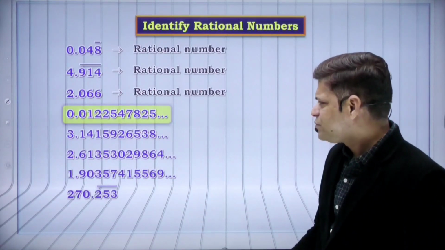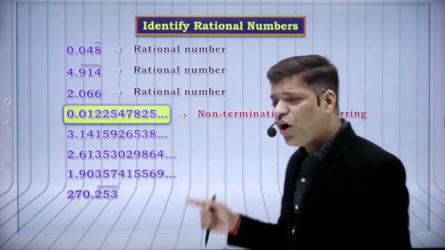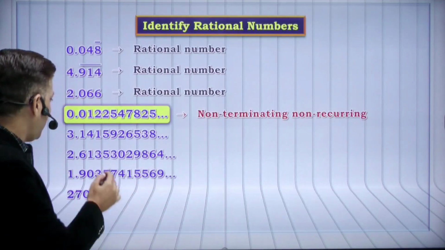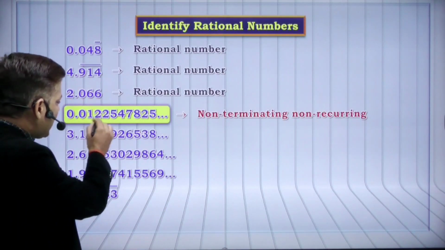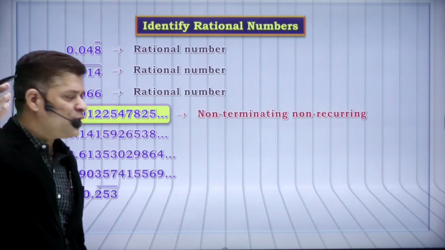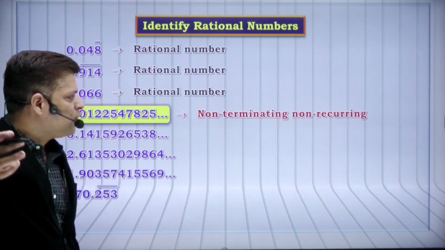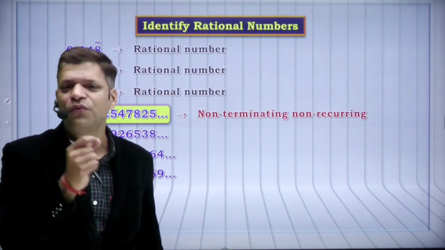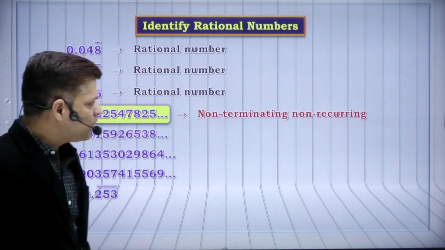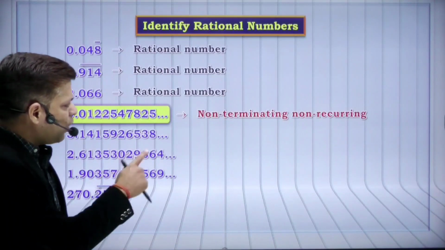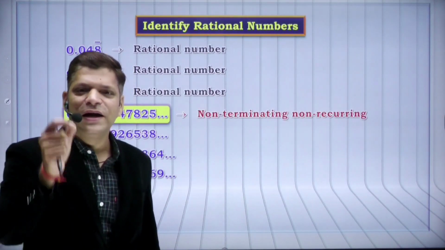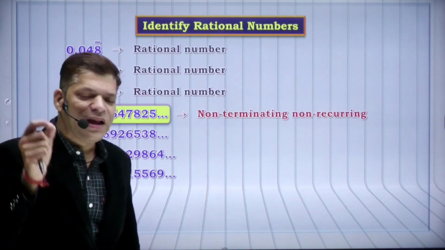The next one is non-terminating and non-recurring. You can very easily see that after the decimal, random numbers come: 0, 1, 2, 2, 5, 4, 7, 8, 2, 5 up to so on. There is no particular sequence of numbers that repeats. So this is non-terminating and non-repeating, which is called non-terminating, non-recurring.